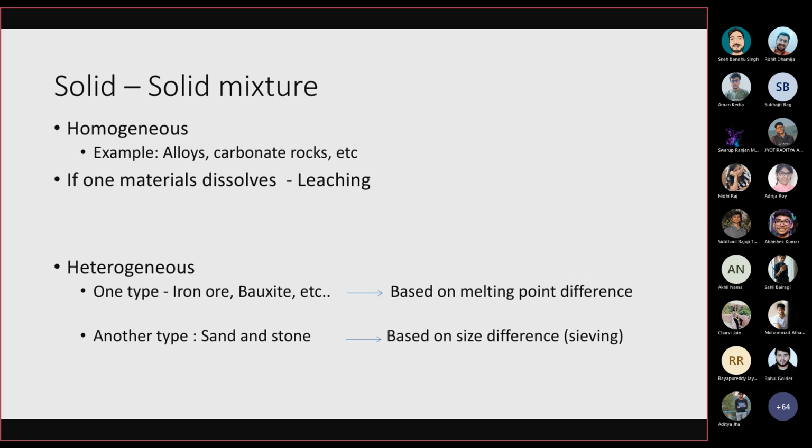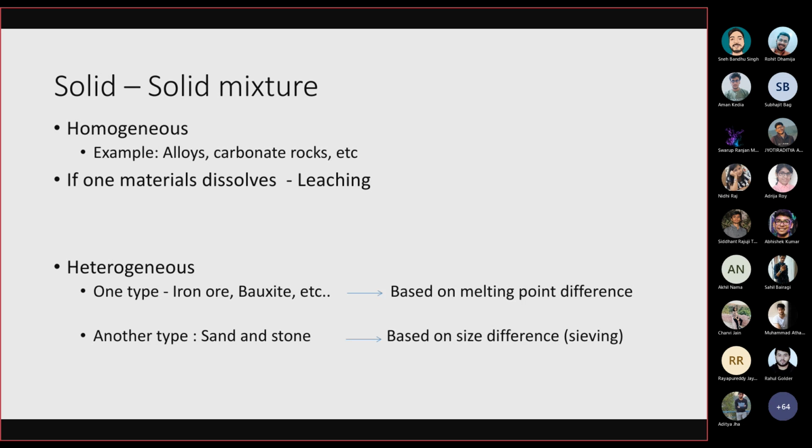Another example I can give for heterogeneous, you'll understand better, is sand and stones. Both are mixed, but physically we can separate them. It comes under the heterogeneous classification.